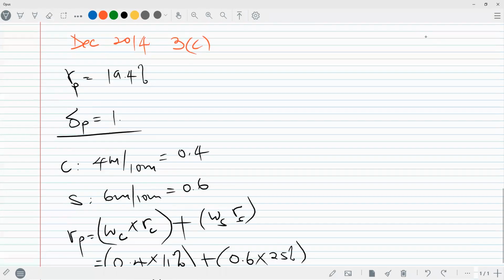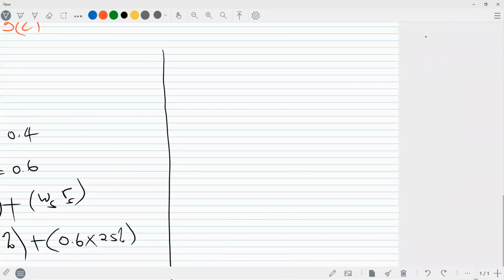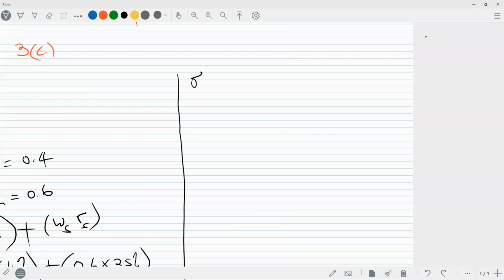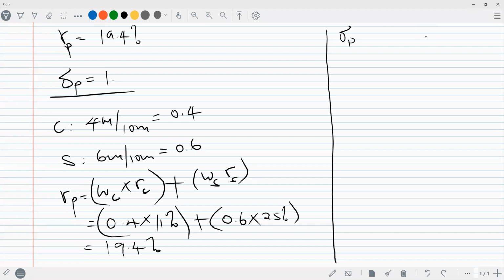Okay, the risk of the portfolio. Let me just open a new tab here.